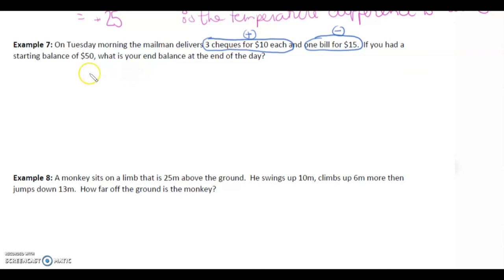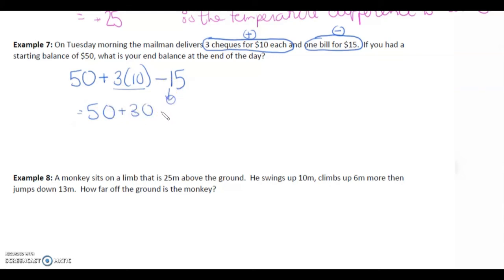If you had a starting balance of $50, what is your end balance at the end of the day? So if our bank account had $50 in it, and we have 3 checks, so we're going to add 3 times 10. We're getting 3 checks of $10. And then 1 bill for $15. So minus 15. In BEDMAS, we want to multiply 3 times 10 first. So 50 plus 30.